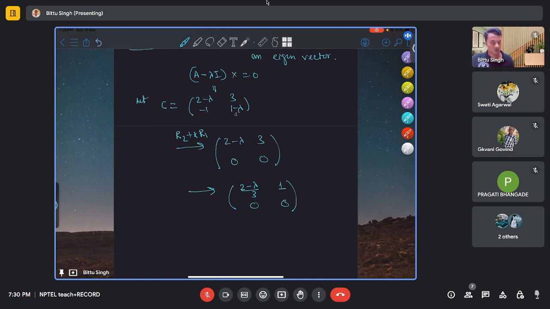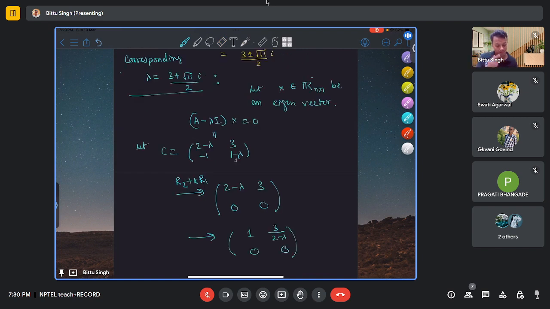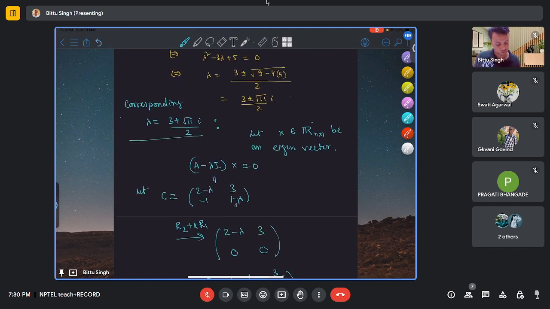Therefore now you know how to solve this. Sorry, here it is actually 1, and here it is 3 by 2 minus lambda, because 2 minus lambda is non-zero. From here you can see that 2 minus lambda is non-zero.